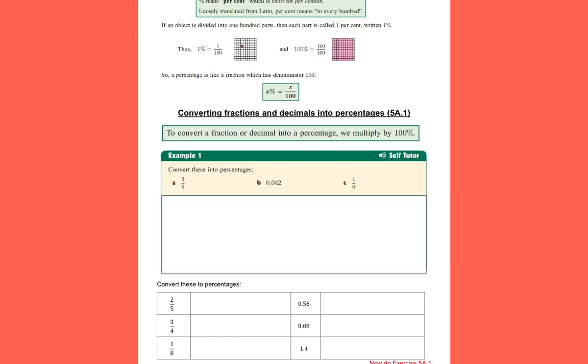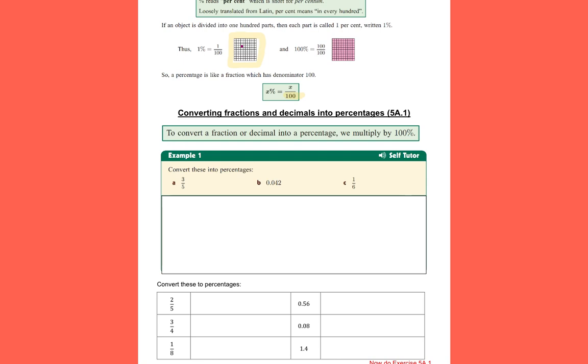If we take one of these grids, which I'm sure you've seen before, and divide it into 100 little pieces, one of those pieces is 1 out of 100, which is 1%. If we had 100 of those little pieces, that would be 100 out of 100, which would be 100%. So a percentage is like a fraction, except it's always out of 100.